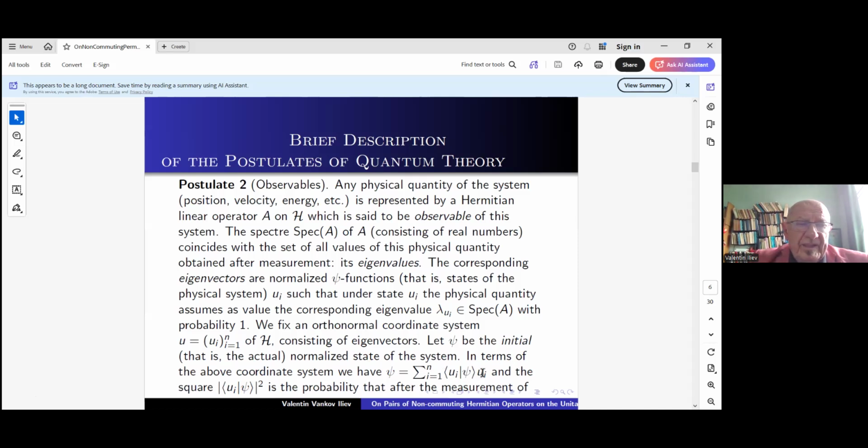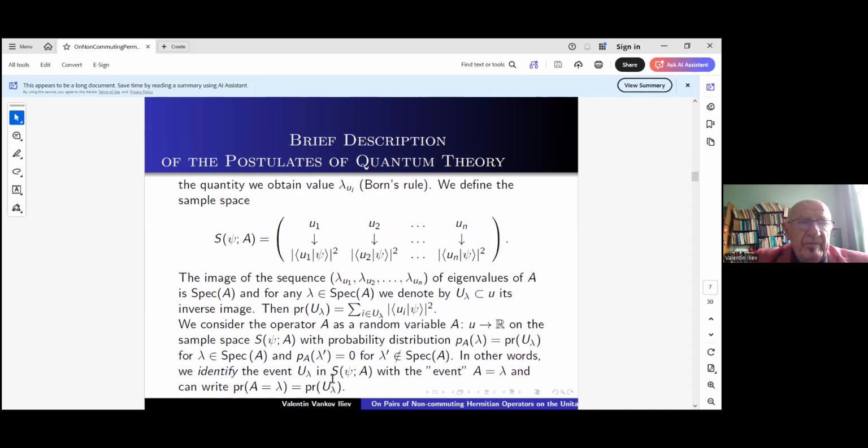Any state can be represented as a linear combination with those coefficients, obviously, because this is an inner product, and the square of the absolute value of those coefficients, which are complex numbers, is just the probability that after the measurement, the quantity will obtain a value lambda i.